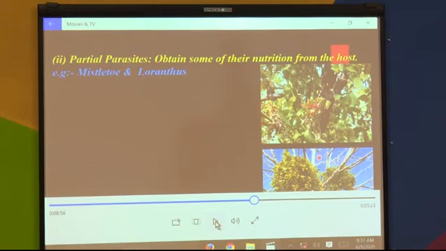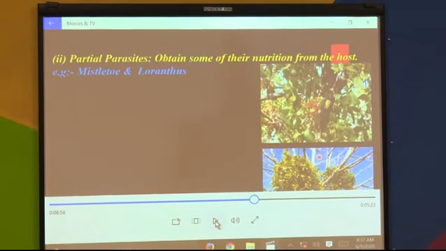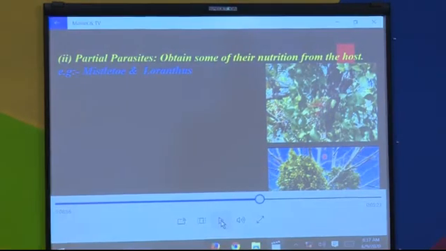See, in total parasites, these total parasitic plants take all the nutrients from another plant or another living organism, so that they can live and complete their life cycle. But in partial parasites, they obtain only some of their nutrition from the host.